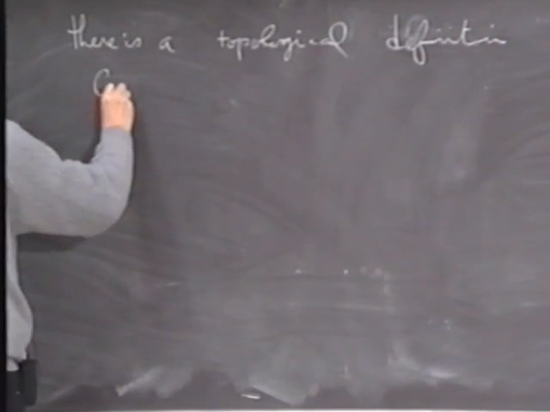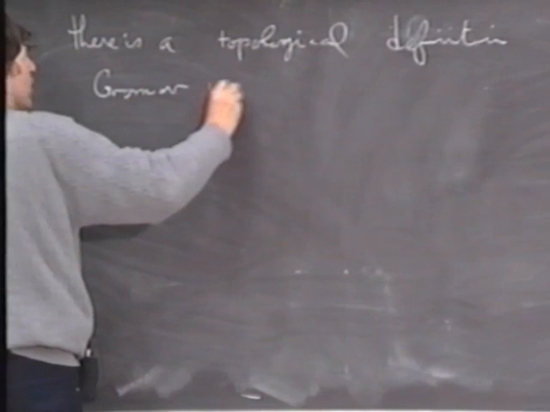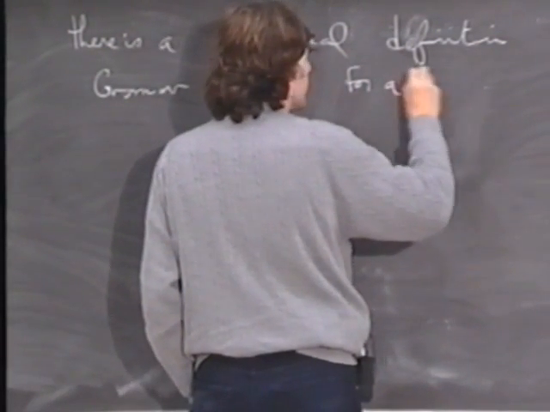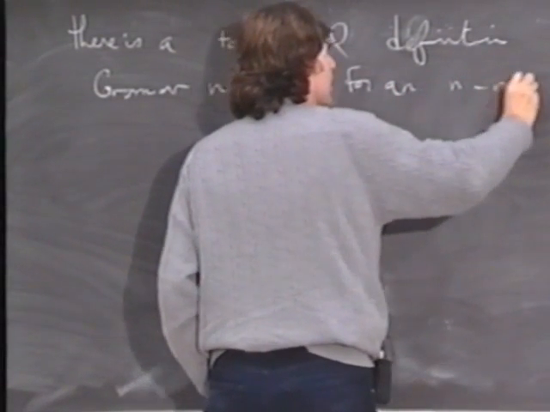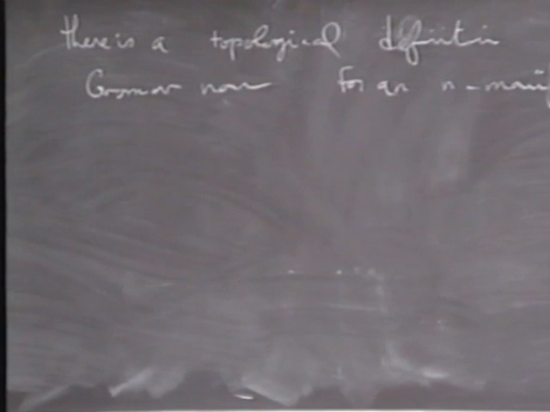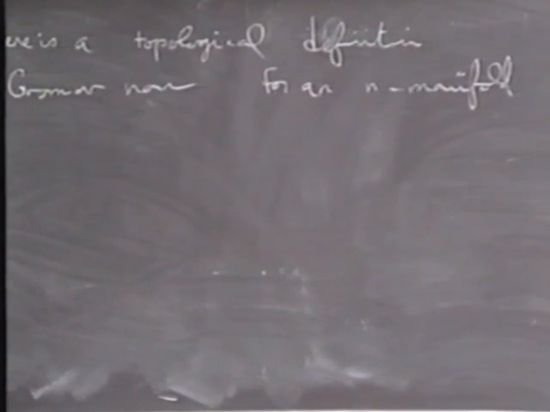This is the Gromov norm, defined for an n manifold, which ends up being a constant multiple of volume for hyperbolic things. So the definition is like this.